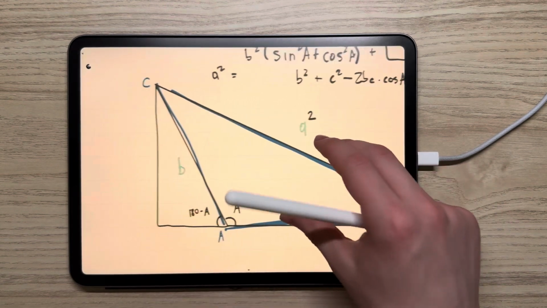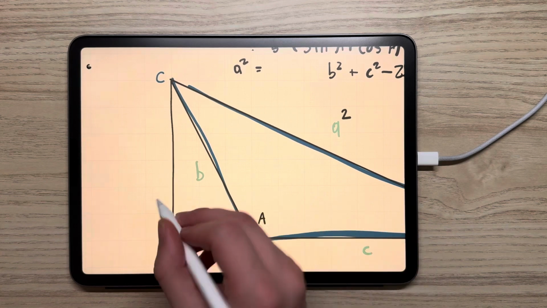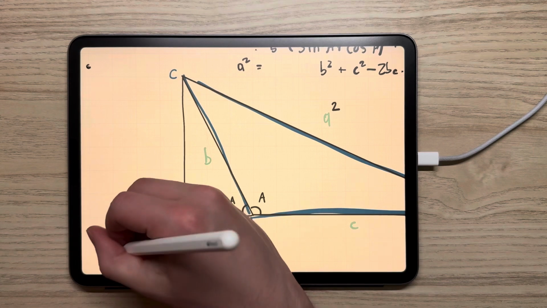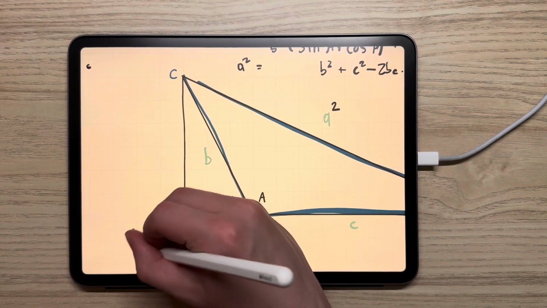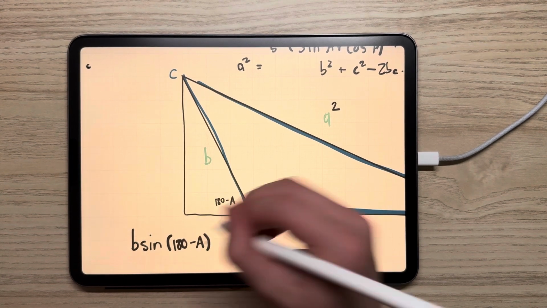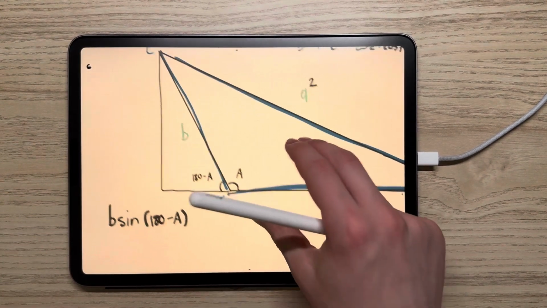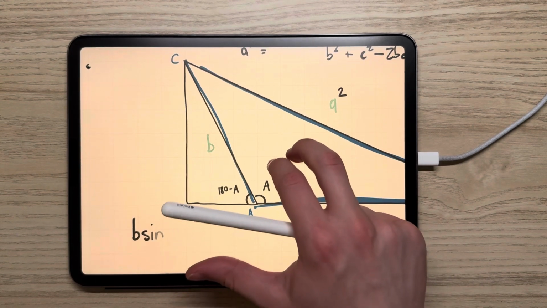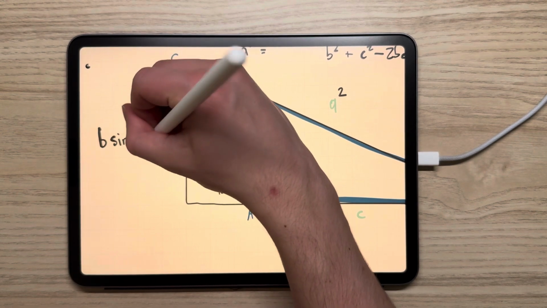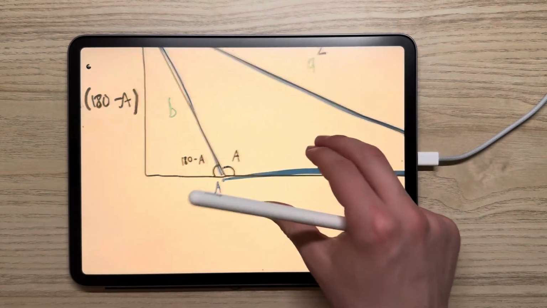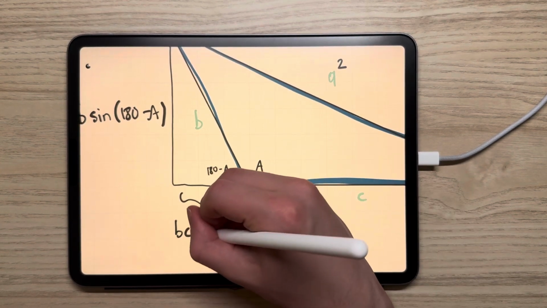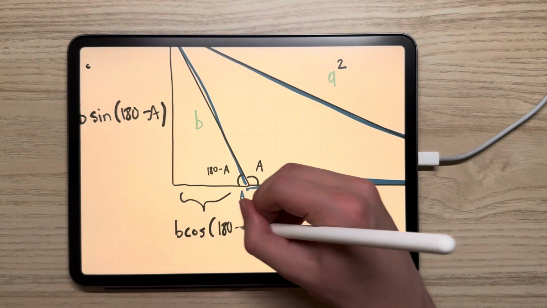So we're just going to have to find the value of these legs. This value right here is going to be b times sine of 180 minus A, because it's the angle A. And then this value right here is going to be b times cosine of 180 minus A.